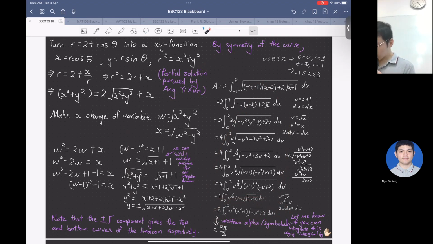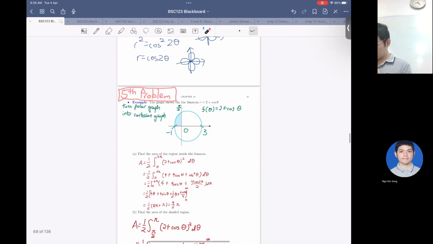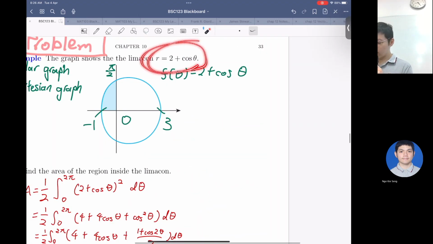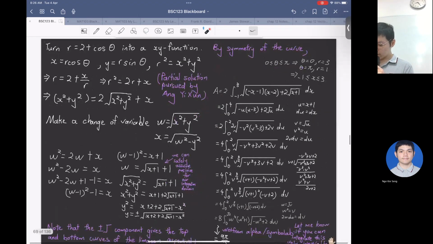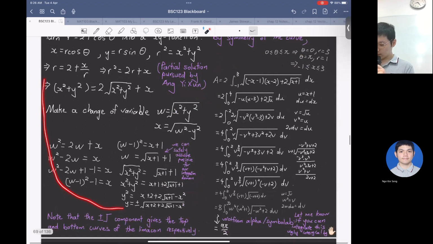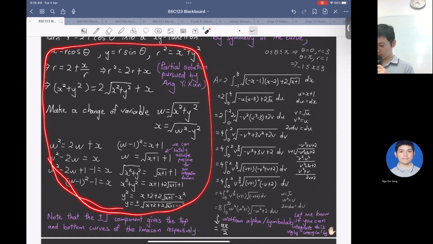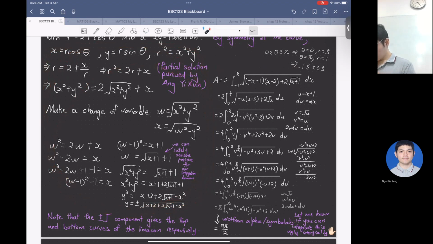So what do you do? First you start with this polar curve, right? Turn it into an XY coordinate. Then we get this y square plus this junk here, some square root term.